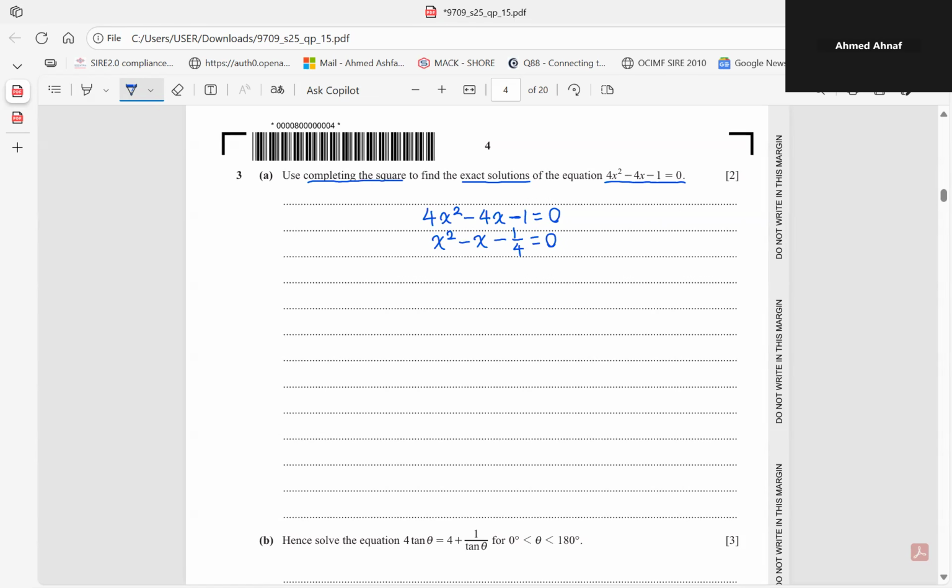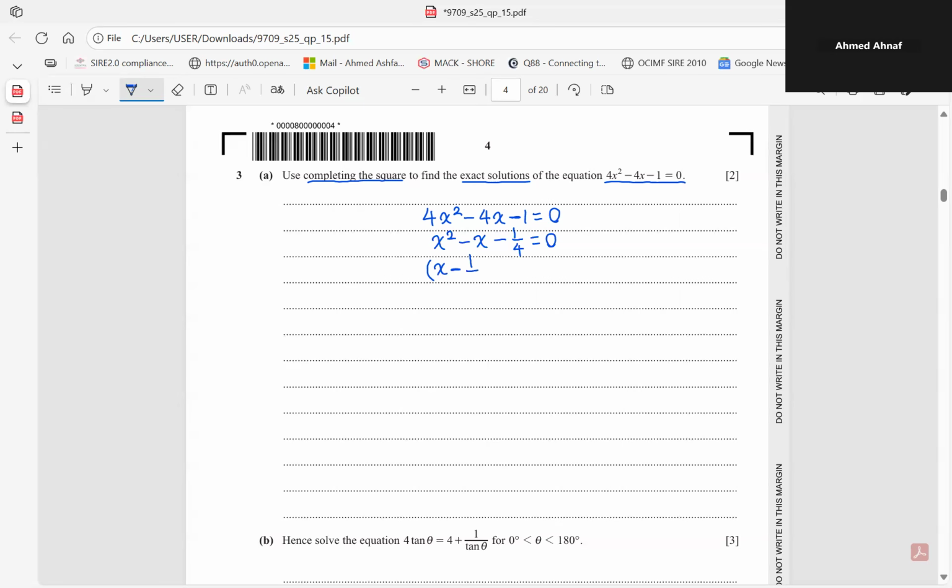Okay, and now to put bracket x minus the coefficient of x divided by 2. So the coefficient of x is 1. We put a minus sign because there's a negative sign in front of x, and we'll take the absolute value of the coefficient, that 1, and divide by 2.